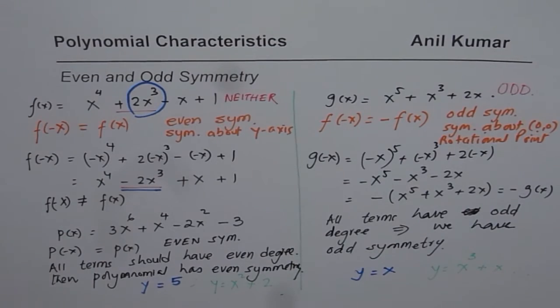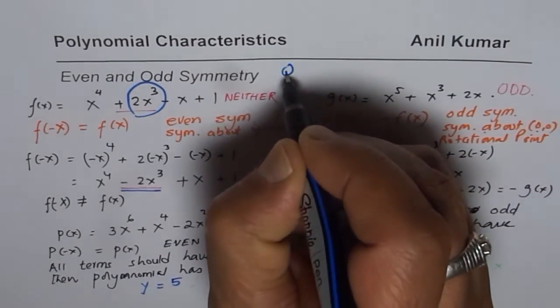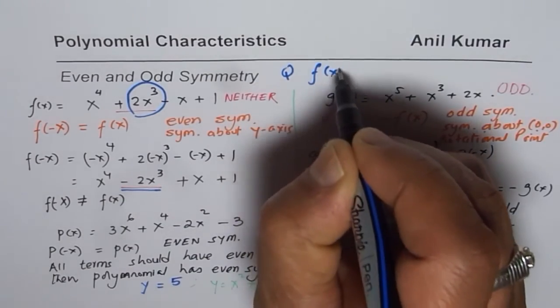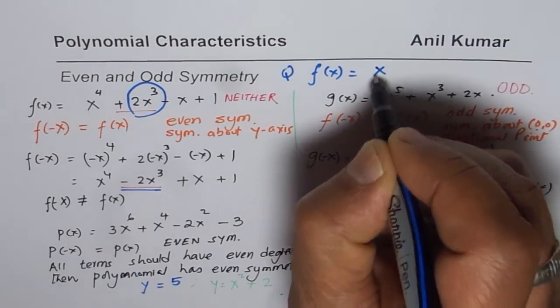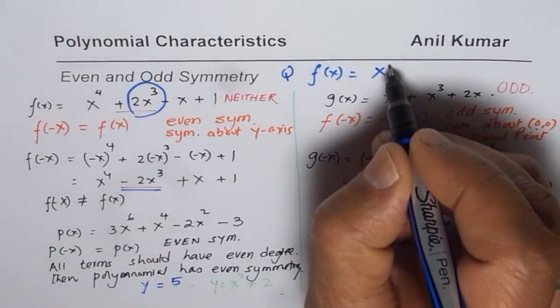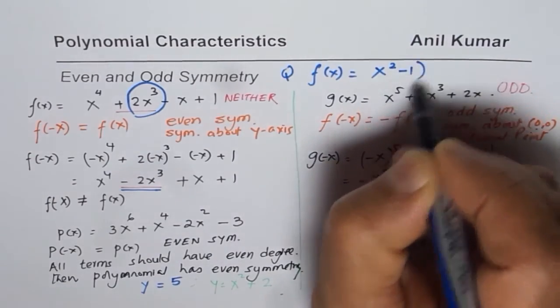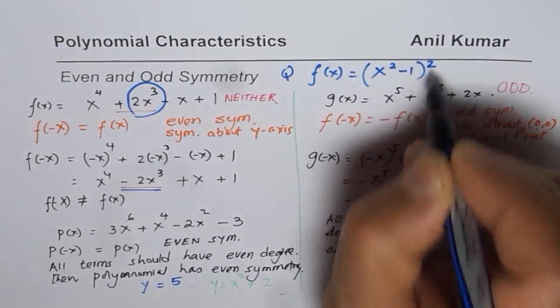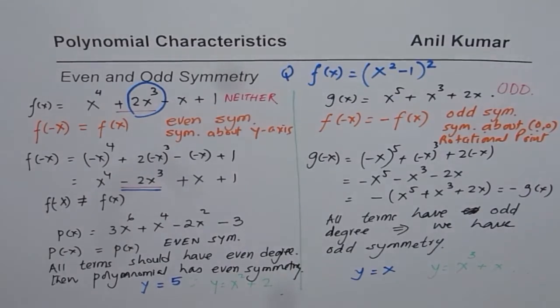Find the symmetry of this polynomial, let us say (x squared minus 1) to the power of 2. Will this polynomial have even symmetry or odd symmetry or neither? Treat it as your test question. Thank you and all the best.